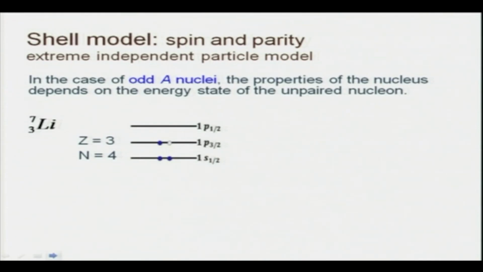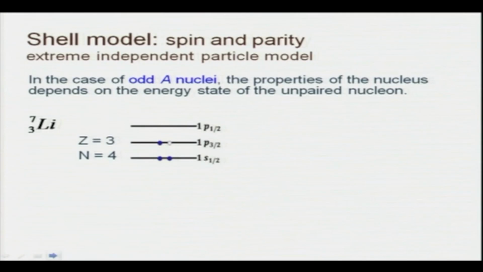One is called the extreme independent particle model, which actually says that all the properties of the nucleus, like the spin and parity etc., are decided by the neutron which is unpaired. Okay. Before that I should say the neutrons and protons are paired, neutrons are paired with each other.